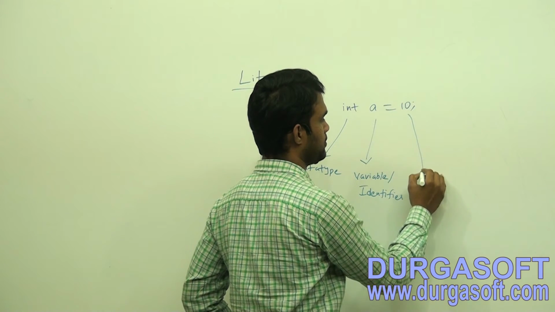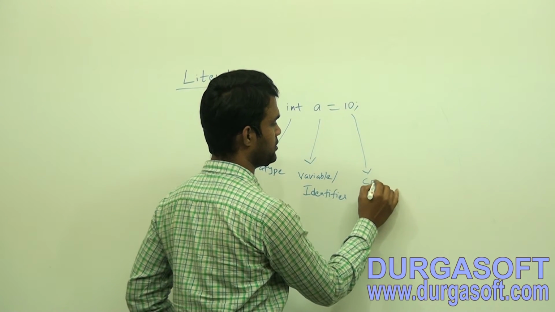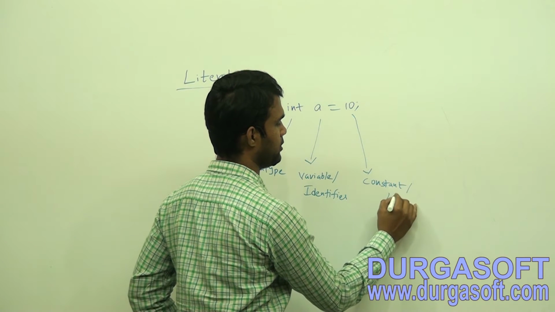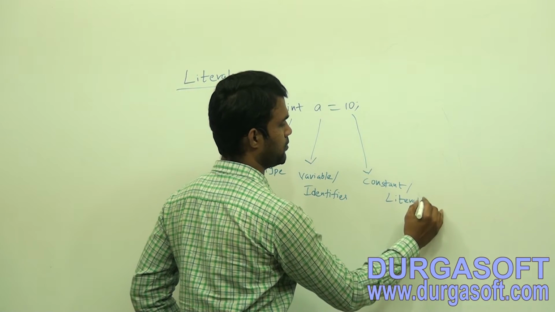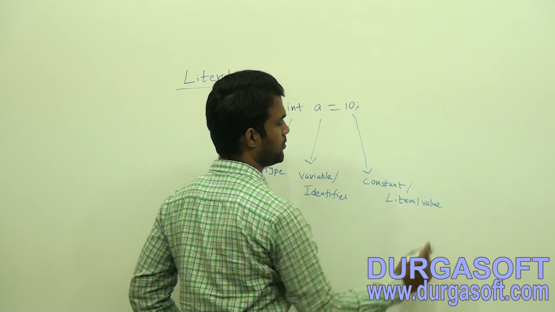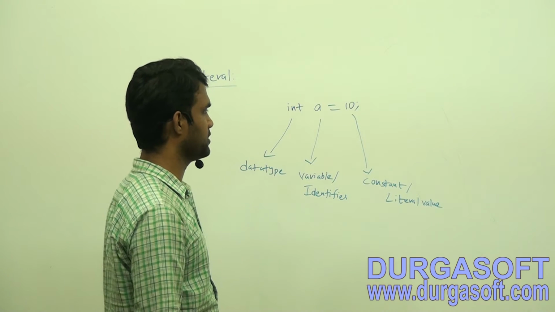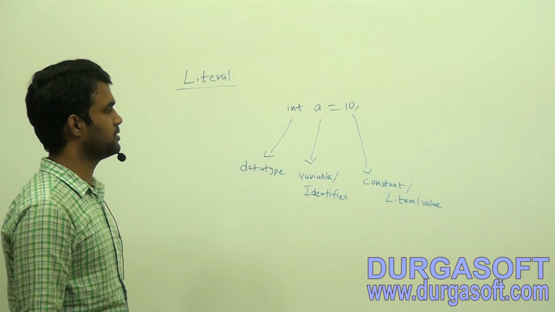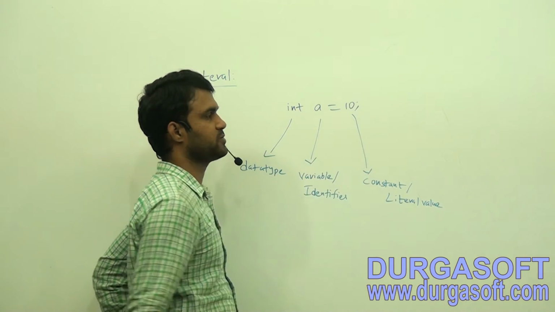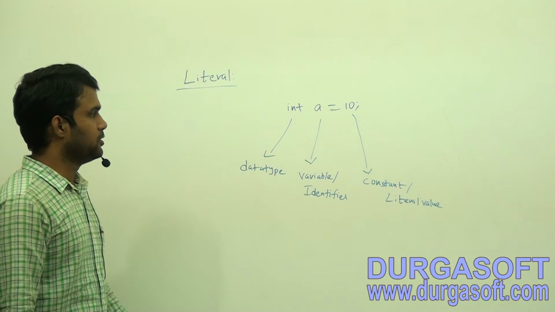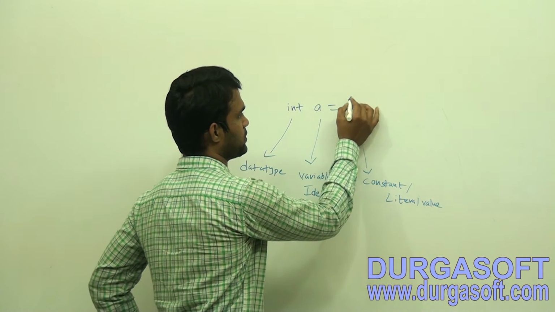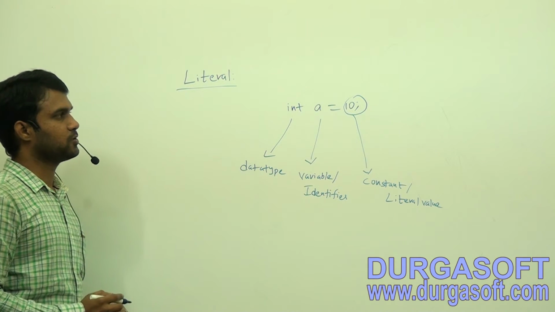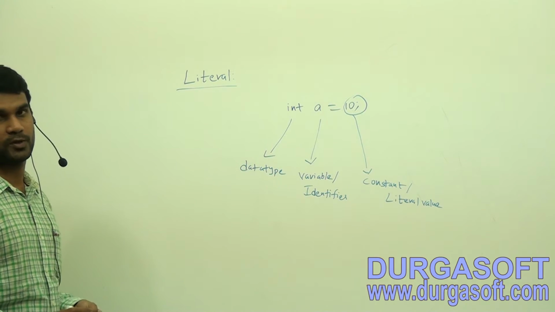This 10 is what we call a constant or literal value. The equals sign is an operator, and this semicolon is a special symbol or terminator. So this 10 is a literal. What is a literal? A literal is a constant which is assigned to a Java programming variable.